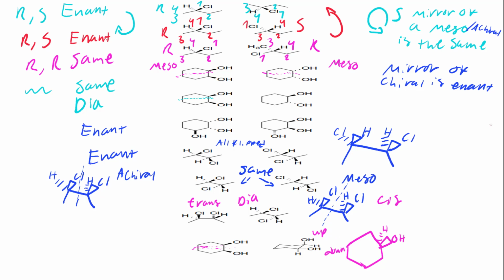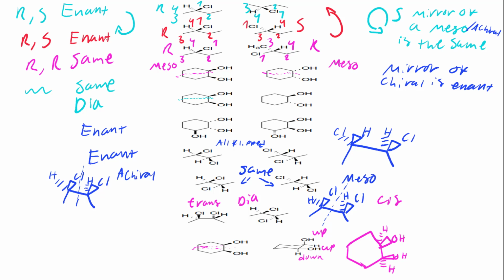This is not downwards. This is upwards as well, and that's going to be down. So we have an alcohol going upwards, and then another alcohol going upwards. In simple terms, we have two things on wedges and two things on hashes.